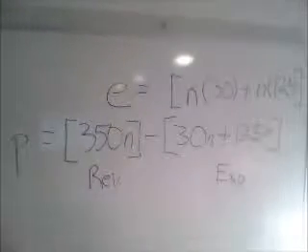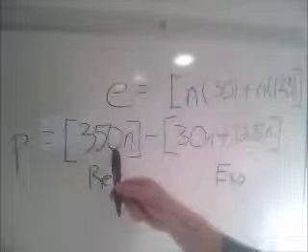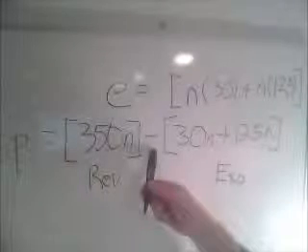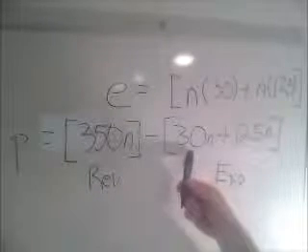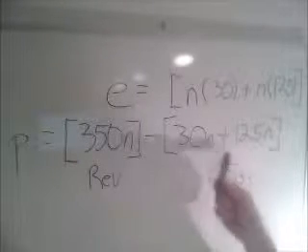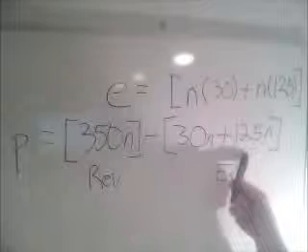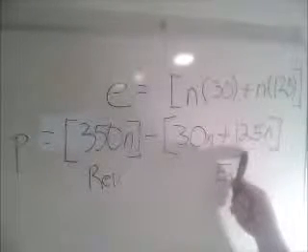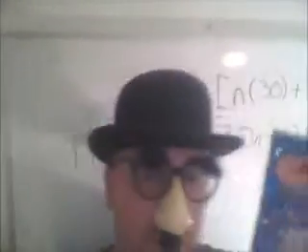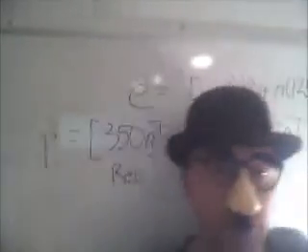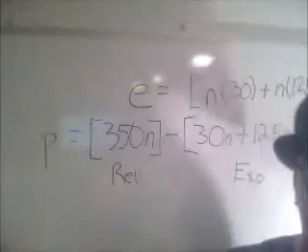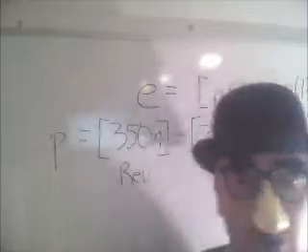P for profit equals the total revenue, which is $350 for each person who is a customer, minus the total of $30 per customer for bike rental, plus $125 per customer for the food and camp expenses. Now we have something that's kind of magical here. Now we can predict the future. We have an equation that allows us to predict the future.